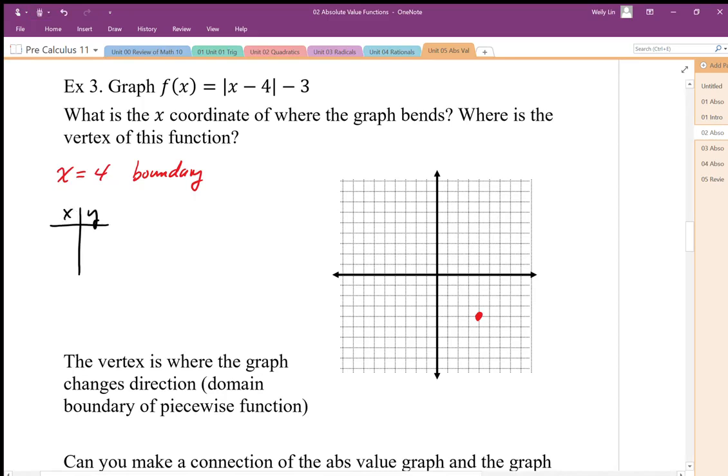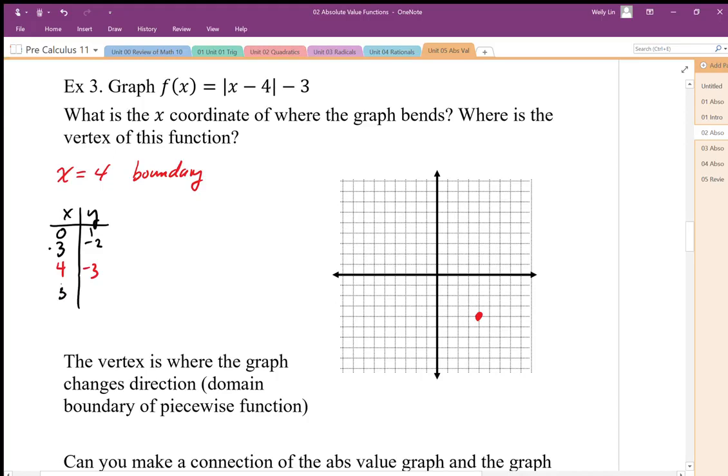X, y, I know my boundary point is 4 and negative 3. If I go to the left, for example, 3 becomes negative 1, absolute value, minus 3 is negative 2. Let's maybe go 0. 0 minus 4 is negative 4, absolute value 4, minus 3 is going to be 1.